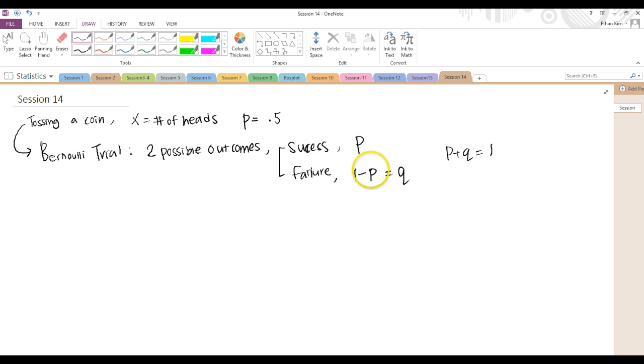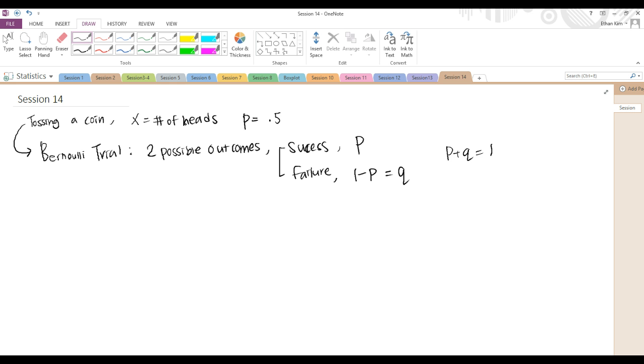So this is a Bernoulli trial when you flip a coin once, or when you roll a die and x represents getting an ace, or just a one. Something like that, when you have two outcomes.